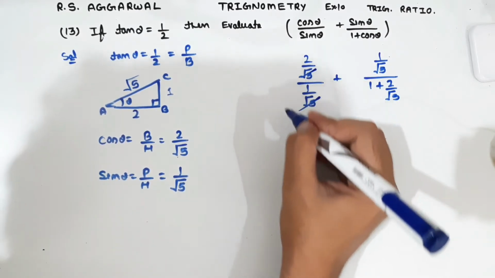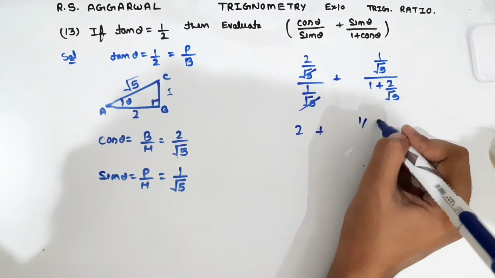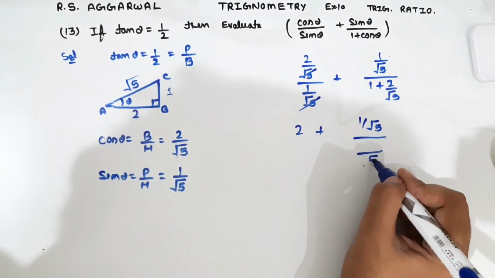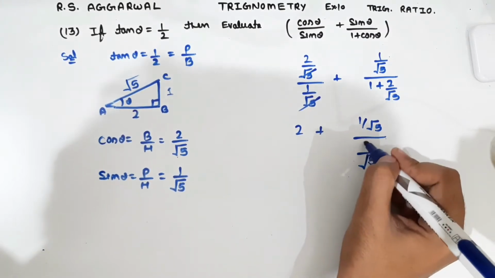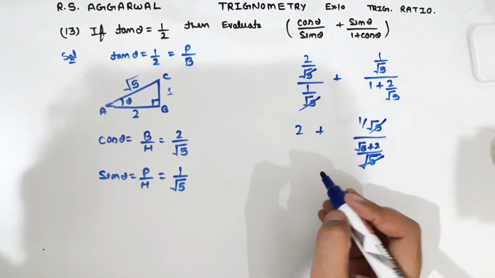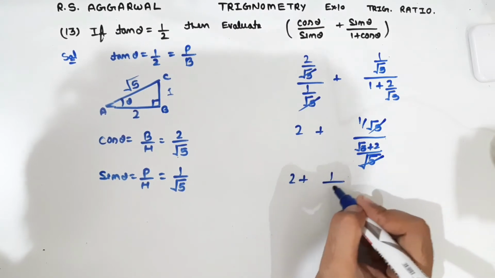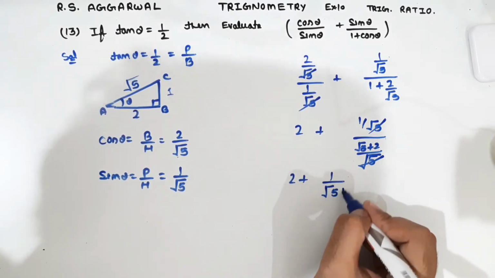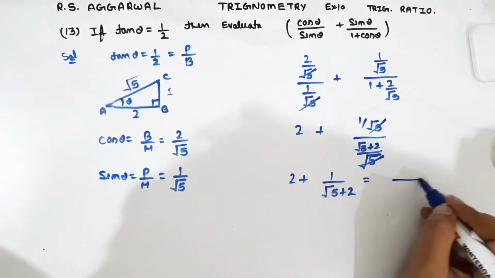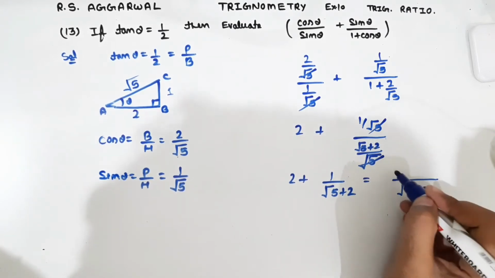So here root 5 will be cancelled out, that will be equals to 2 plus 1 upon root 5. Here root 5 will be LCM. So this will be root 5 plus 2. Root 5 will be cancelled out. So this will be 2 plus 1 upon root 5 plus 2. So root 5 plus 2 will be LCM.